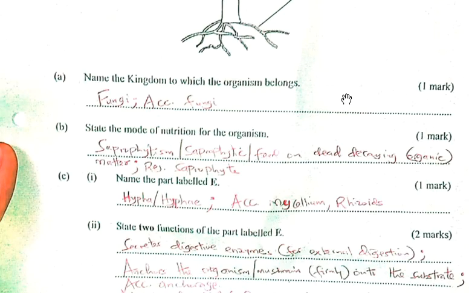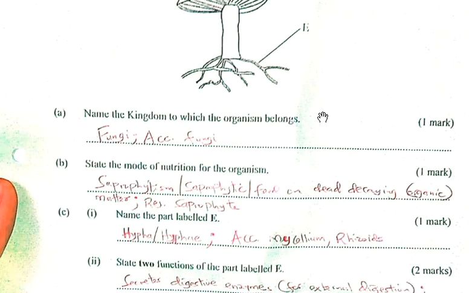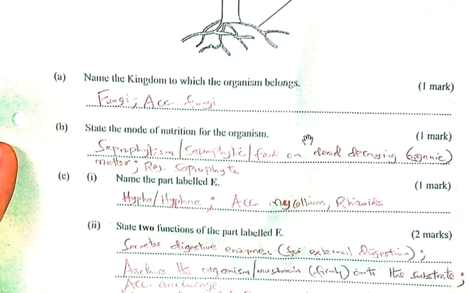State the mode of nutrition for the organism, and that is specifically saprophytism or saprophytic, because they feed on dead decaying matter or organic matter. But (c)(i), name the part labeled E, and that is the hypha. We say hypha is the basic functional unit of members of kingdom Fungi, and we can accept also mycelium and rhizoids.